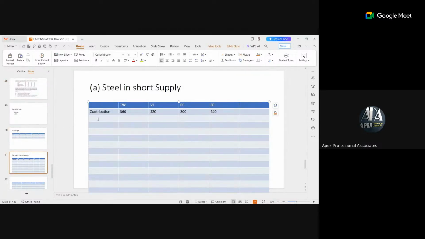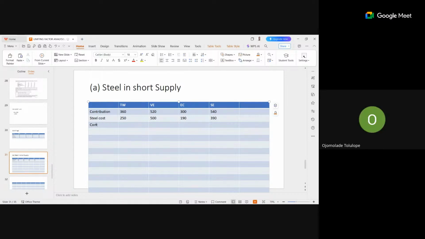So the contribution per key factor will now be what?